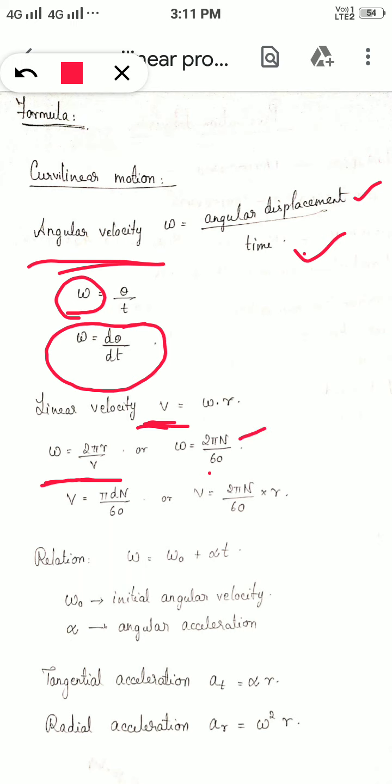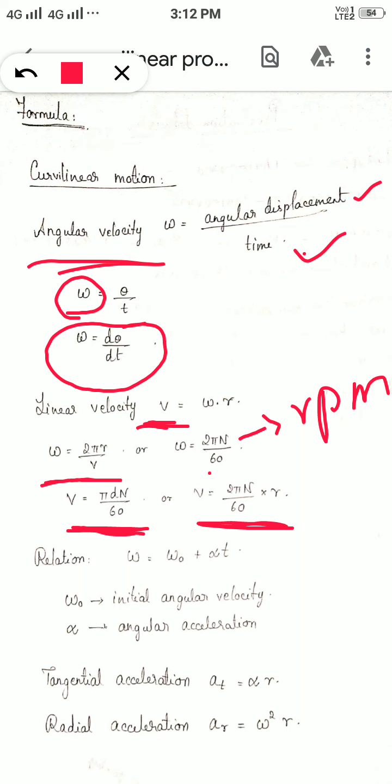If they give you n, that is in terms of rotations per minute, we use omega is equal to 2 pi n divided by 60. From that you can easily calculate v with the formula pi d n divided by 60. If they give you the radius, you can use v is equal to 2 pi n divided by 60 into r.